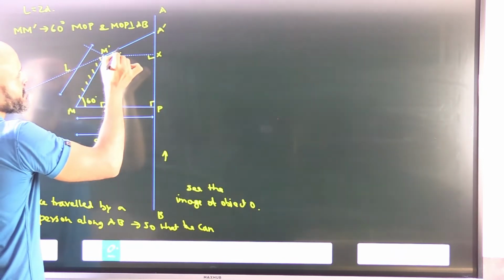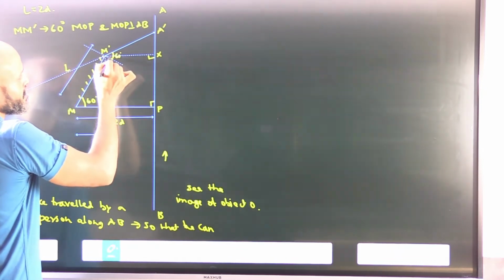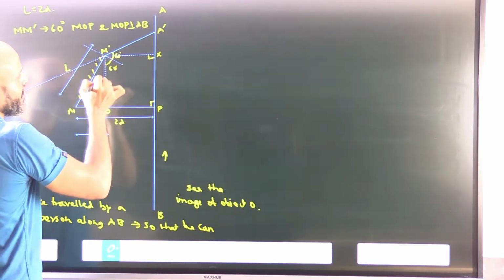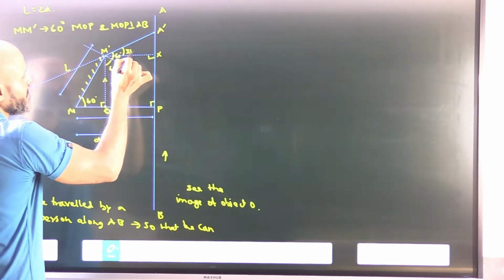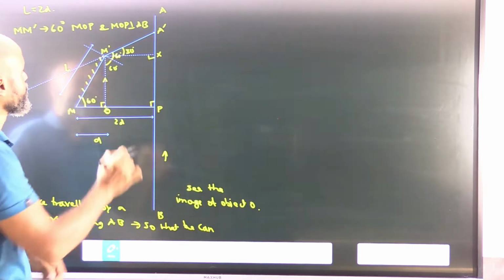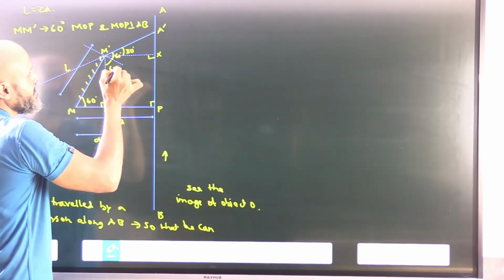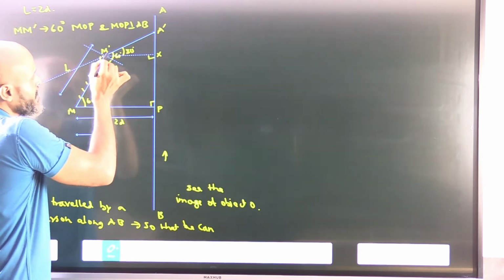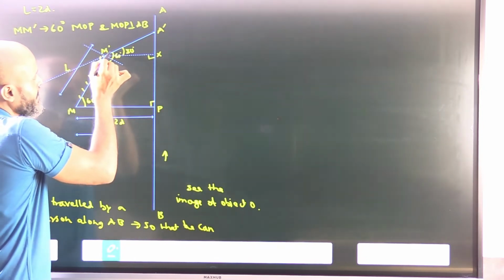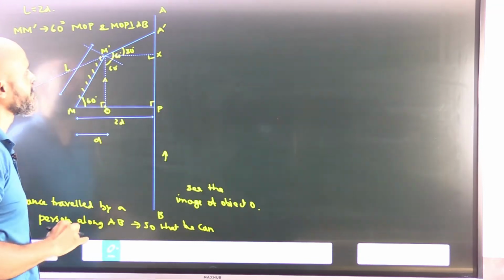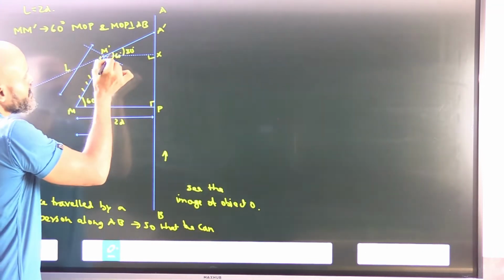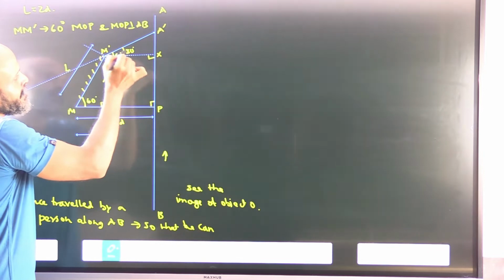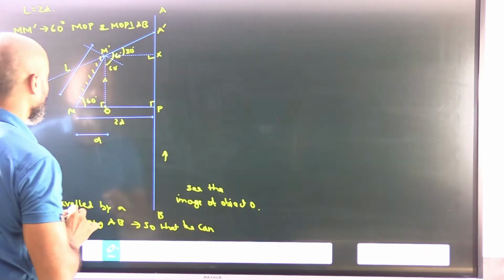XM dash A dash, how much will this be? This angle entirely is 60, and out of it this angle is 90, so if I subtract, this will obviously be 30 degrees.